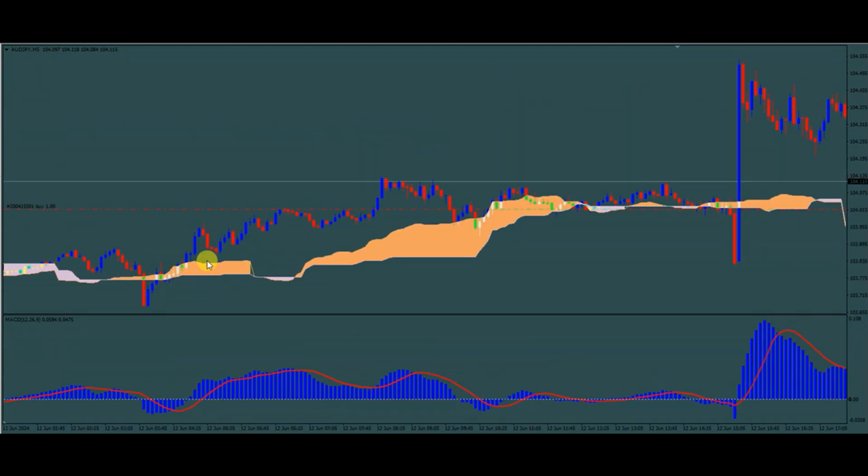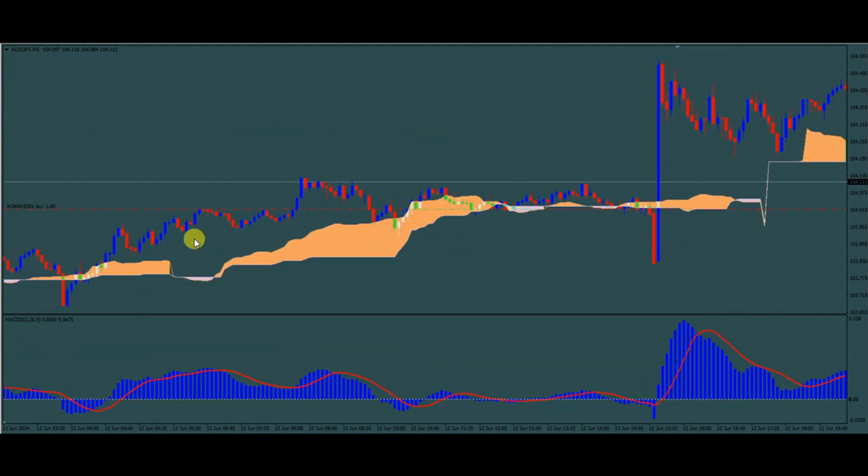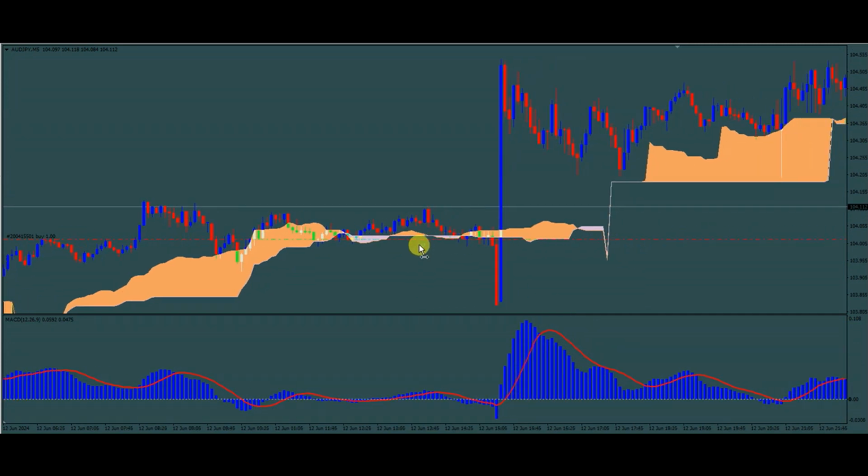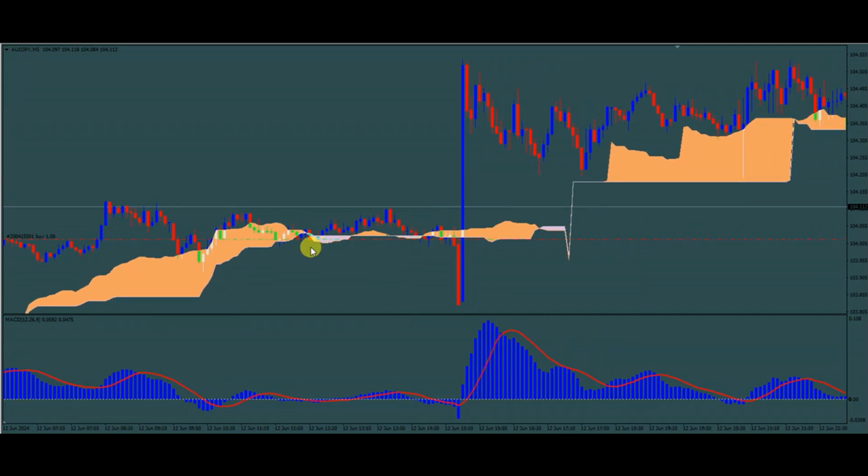So what we do, we open our buy trade and we monitor the trade, place our stop loss at the swing low, and one take profit we can use will be 2-to-1, or we trail our stop using the cloud until we are stopped.